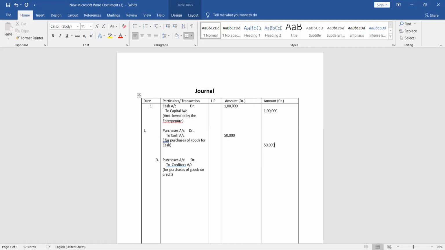I hope everybody is able to understand how the amount is to be written. The next is purchase of goods on credit. If the goods are purchased on credit, purchases account will be debit as it is, but creditor account will be credit in that case. Now, after purchasing the goods, suppose you sell it. If the goods are sold, what is to be done in that case?